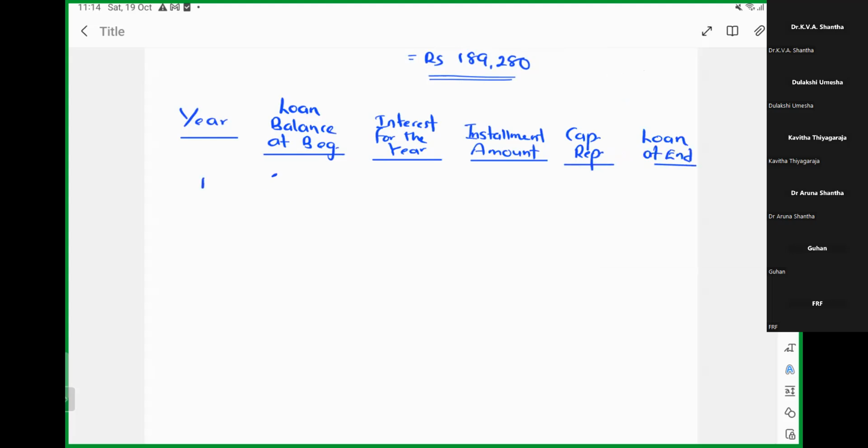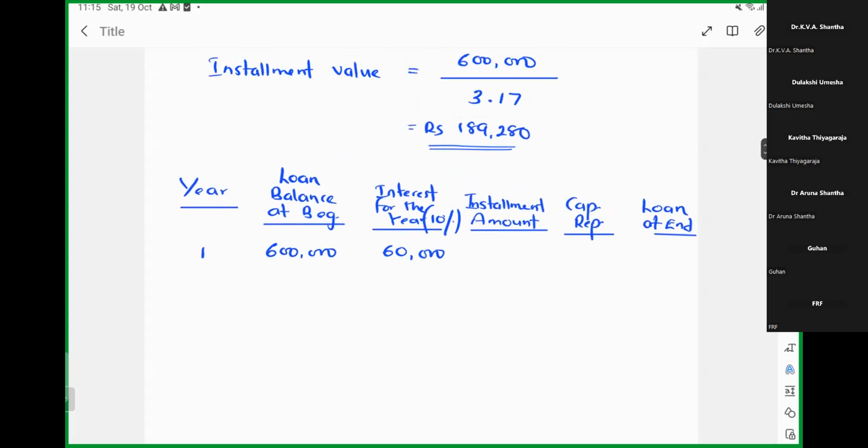Year one: the loan is 600,000. The interest is 10%, so out of 600,000, 10% is 60,000. The installment we calculated is 189,280.